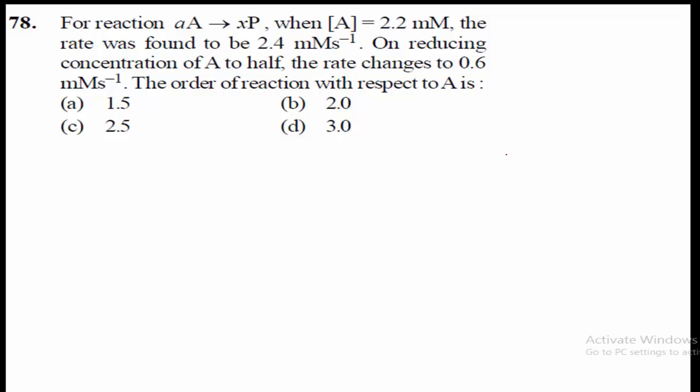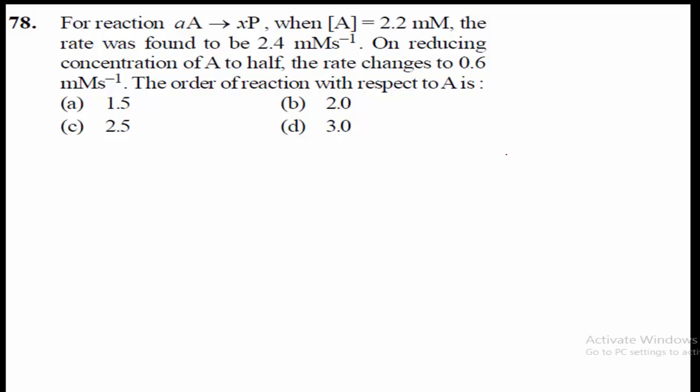78th. For reaction A gives products, when concentration of A is equal to 2.2, the rate was found to be 2.4. On reducing concentration of A to half, the rate changes to 0.6 molar per second.